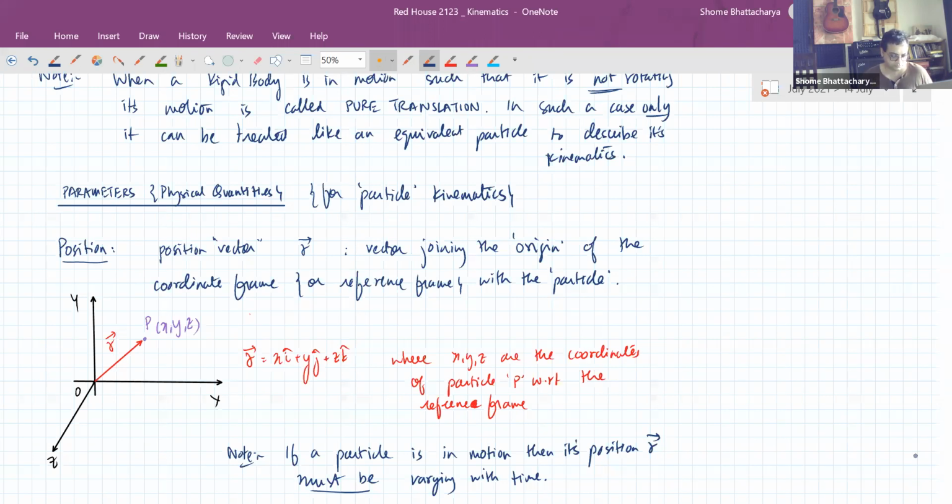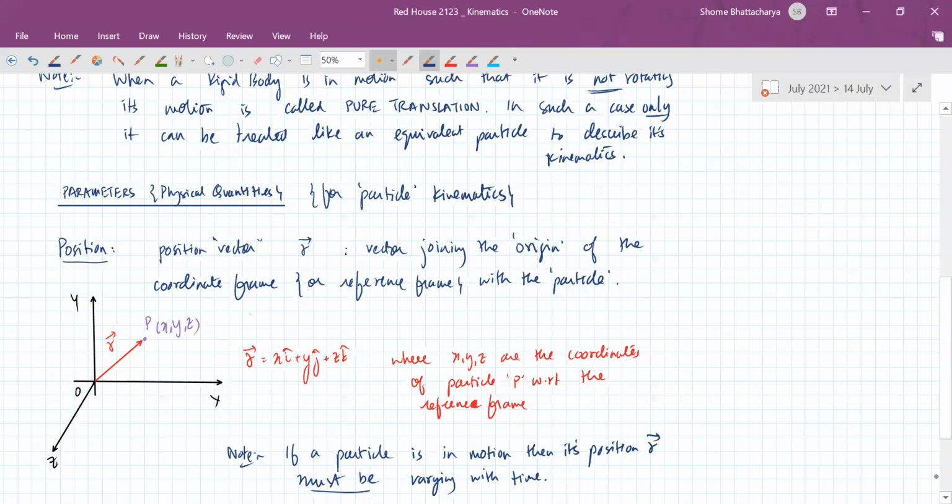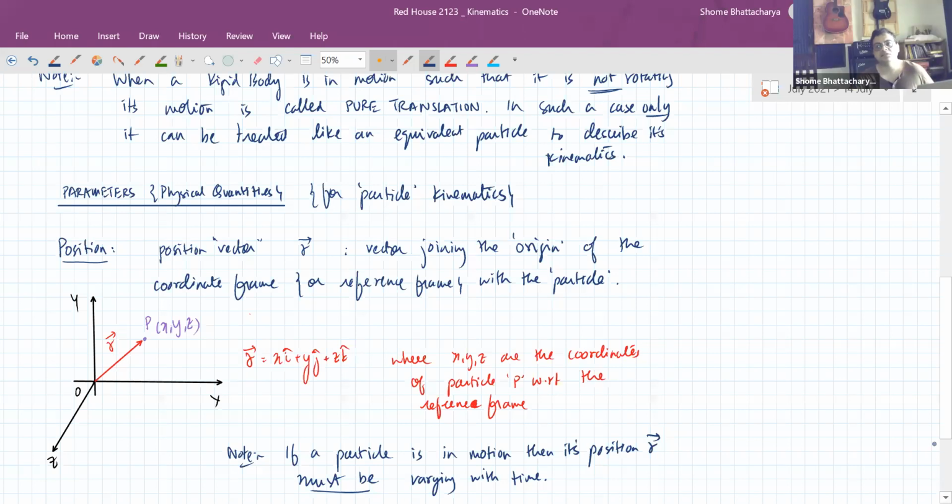So what is the exact definition of reference frame? A reference frame is basically a coordinate frame that is used for referencing of the motion. The motion will be defined or measured with respect to that particular coordinate frame. You understood my point? Yes, sir.